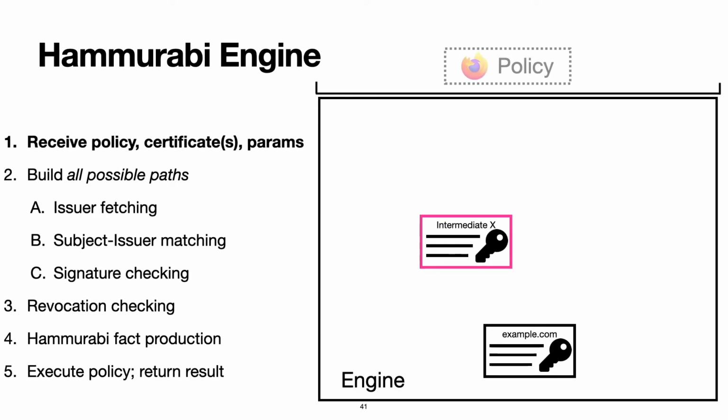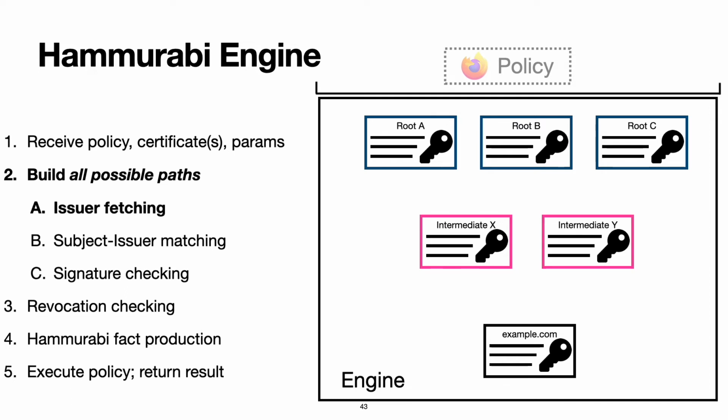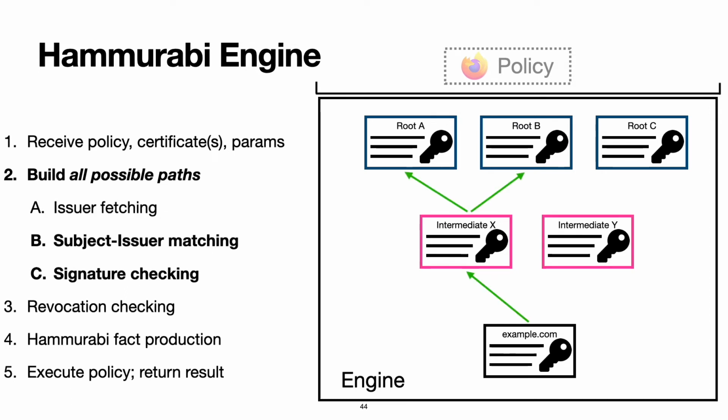So the client sends the policy to execute, the leaf certificate, potential intermediates, and some other parameters to the engine. The engine then performs a minimal depth-first search from the given leaf to its root certificates, fetching additional intermediates as needed. But rather than a single path like before, the engine finds all possible paths from leaf to root by checking only that the parent actually issued the child and that the issuer's signature on the child is cryptographically valid.